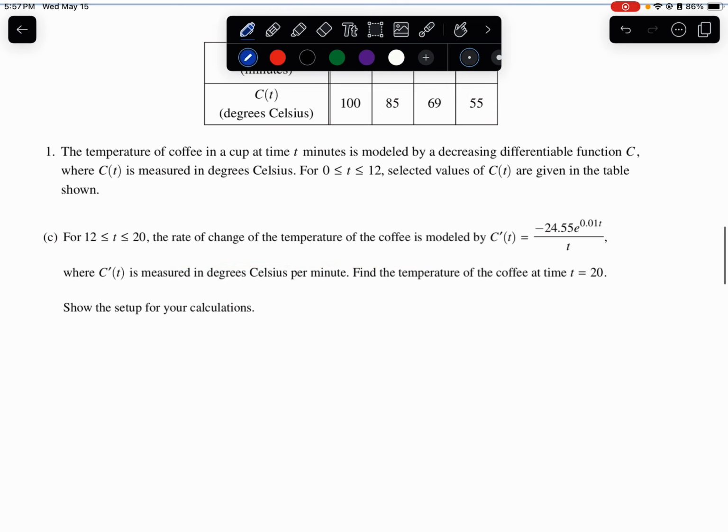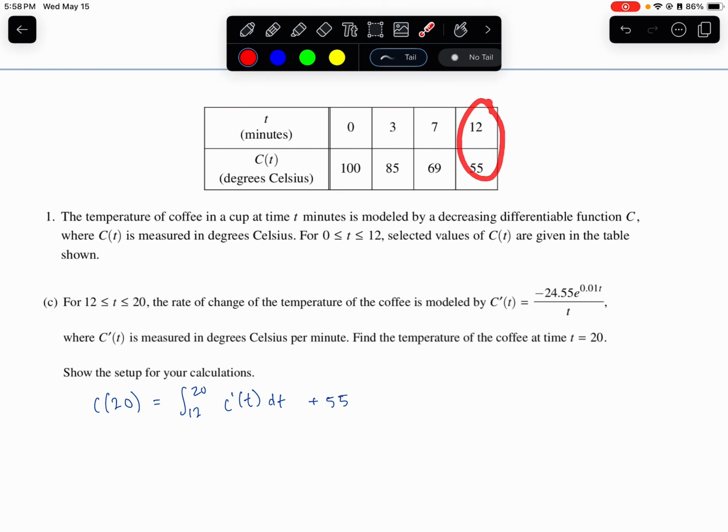So simply put, if you want to put this into an equation, you would say C of 20. That's what we're trying to find, the temperature at t equals 20. That would be equal to the integral from 12 to 20 of C prime of t dt, and then I would add to that 55, because that's what it was.